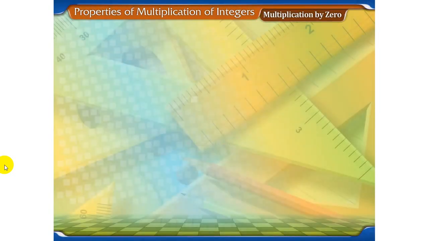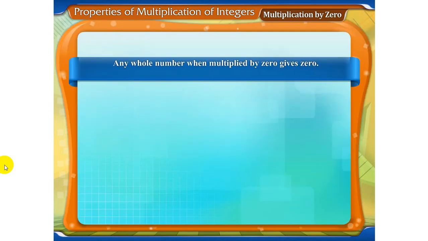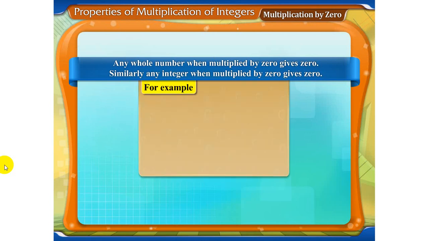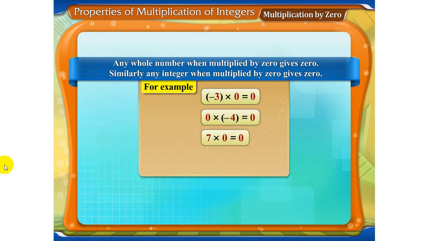Multiplication by 0. We know that any whole number when multiplied by 0 gives 0. Similarly, any integer when multiplied by 0 gives 0. For example, negative 3 multiplied by 0 is equal to 0. 0 multiplied by negative 4 is equal to 0. 7 multiplied by 0 is equal to 0. 0 multiplied by 8 is equal to 0.